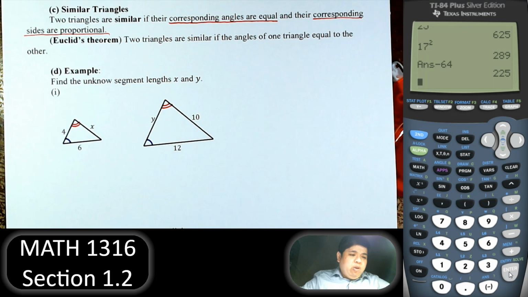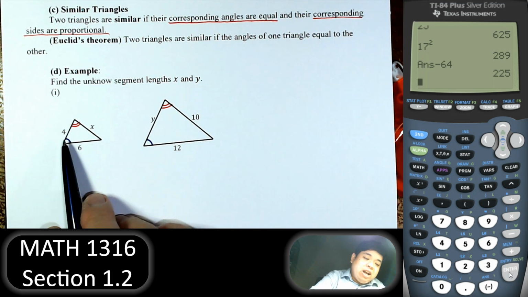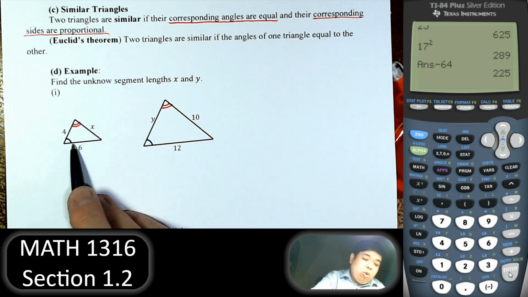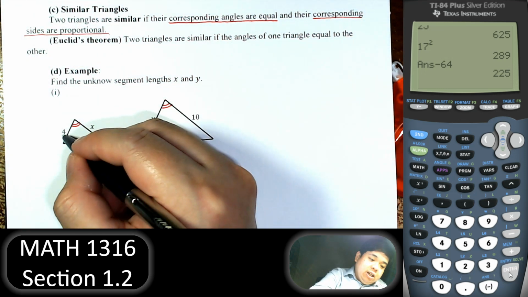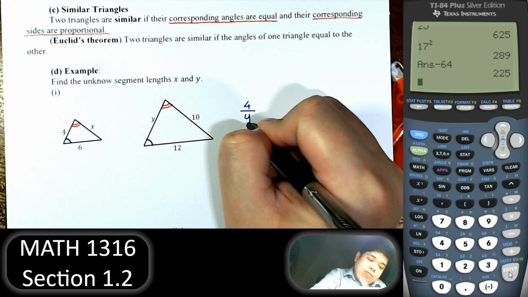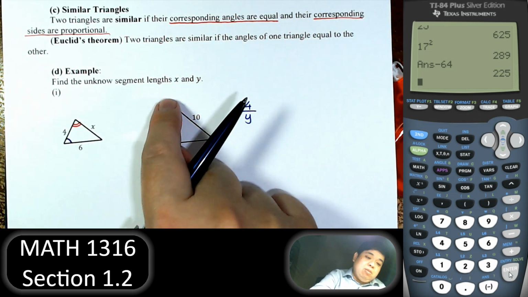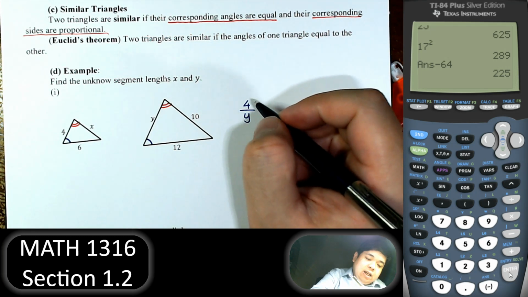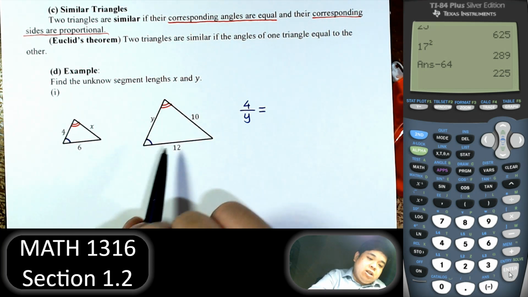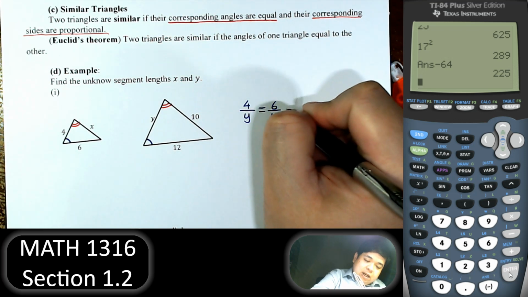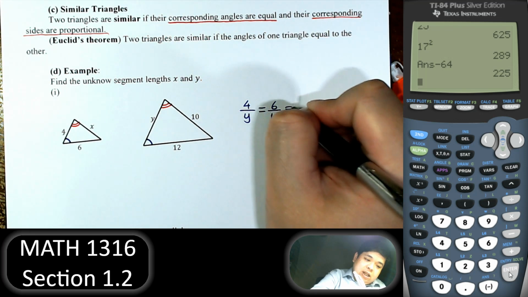Right. Now we focus on the sides though. Focus on x and y. On these two similar triangles, we have the ratio of this side over y, which is the side between the two angles, equal to 6 over 12, and equal to x over 10.